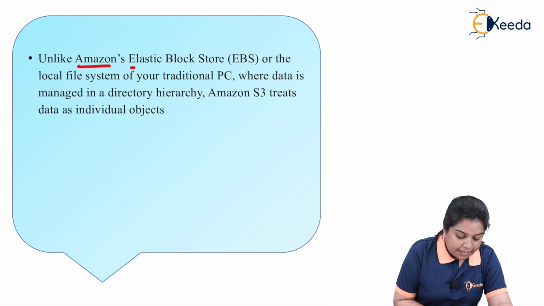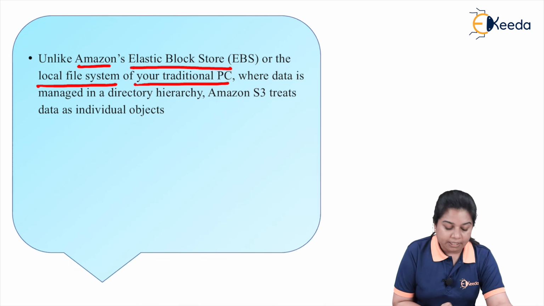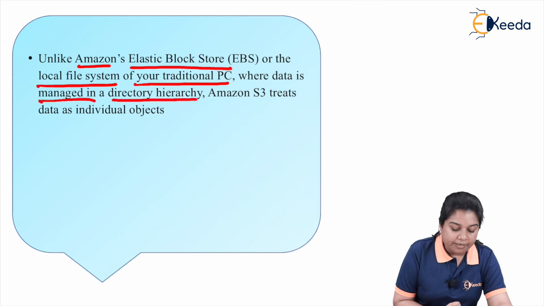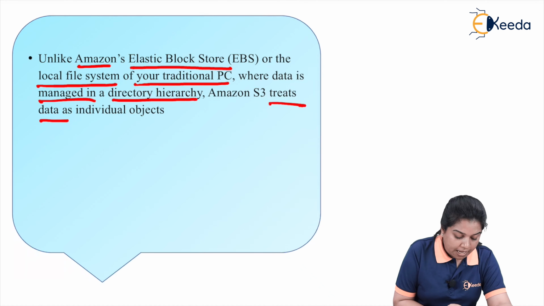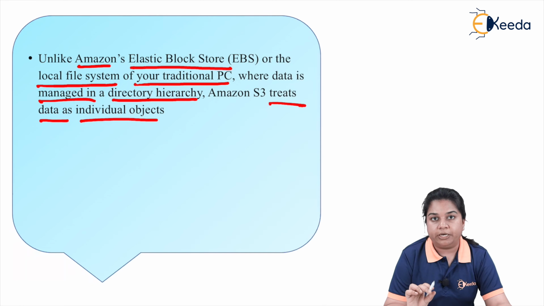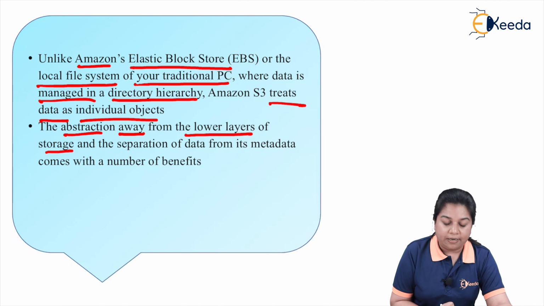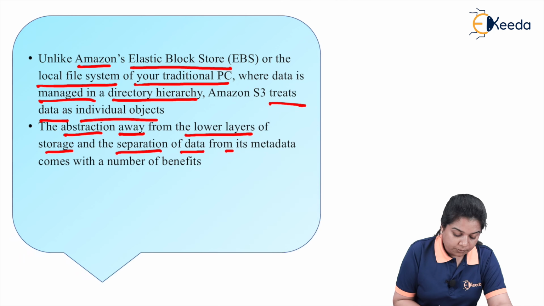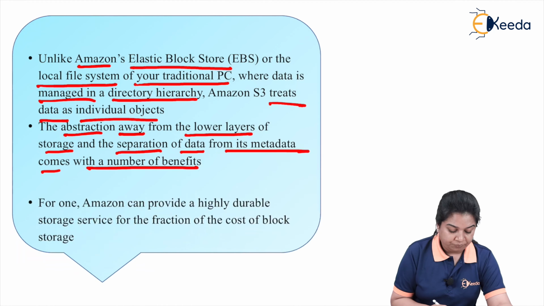Unlike Amazon's Elastic Block Store or the local file system of your traditional PC, where data is managed in a directory hierarchy, Amazon S3 treats data as individual objects. The abstraction away from the lower layers of storage and the separation of data from its metadata comes with a number of benefits.